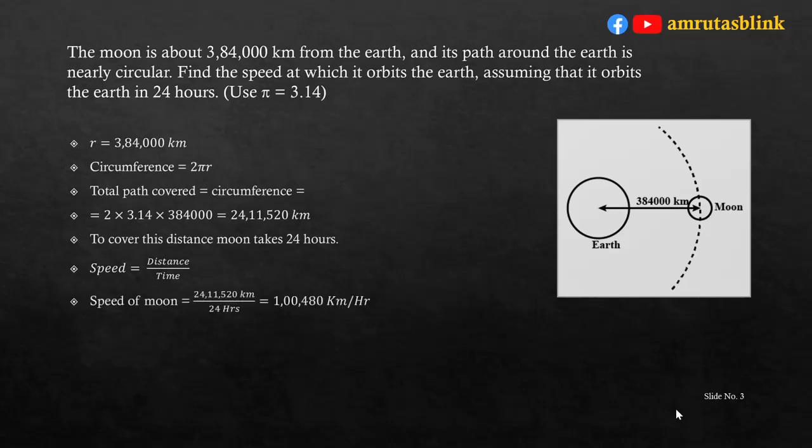So, speed of the moon will be distance upon time, that is 24,11,520 km divided by 24 hours, and that is 1,480 km. Now, it is kilometer per hour. Hence, speed of moon will be 1,480 km per hour. If it's asked in the problem, then you can convert this speed into meter per second also.